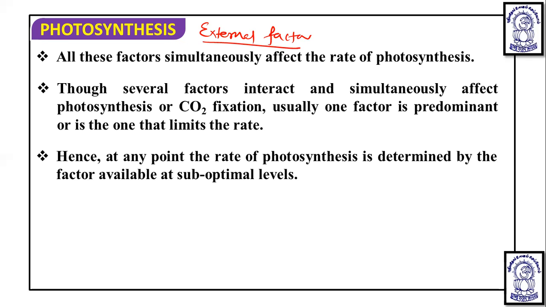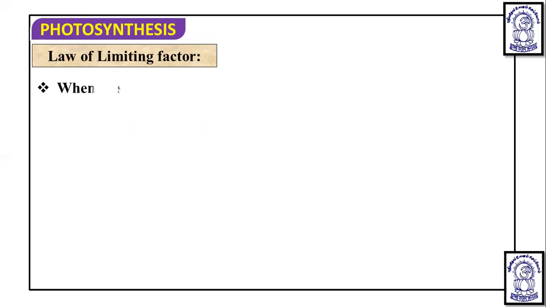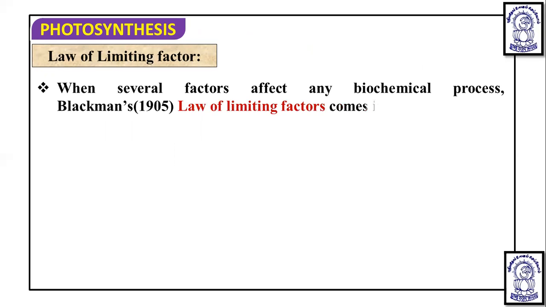Hence at any point, the rate of photosynthesis is determined by the factor available at suboptimal level. Whenever any process is going on, its rate is determined by the factor which is available in the lowest amount, or minimal value. According to that, Blackman gave the law of limiting factor, which comes into effect when several factors affect a biochemical process.